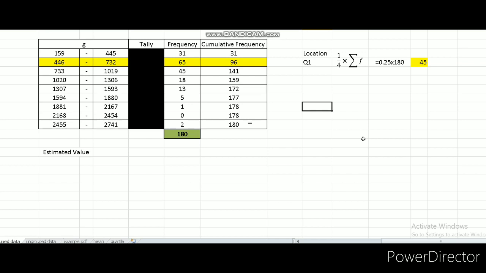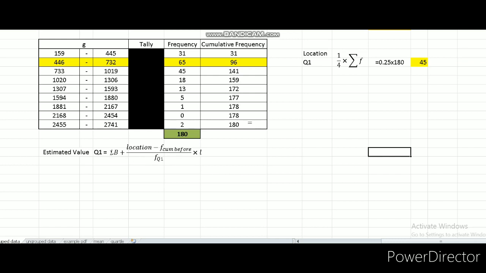Next, how do we find the value of your first quartile, which is located at the 45th data? It must be between 446 and 732, right? So let's estimate the value between these two numbers. What is the 45th data of your whole data? This is the formula for estimating the value of your first quartile.